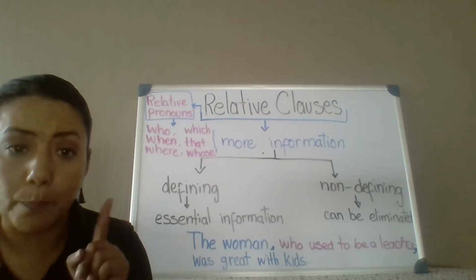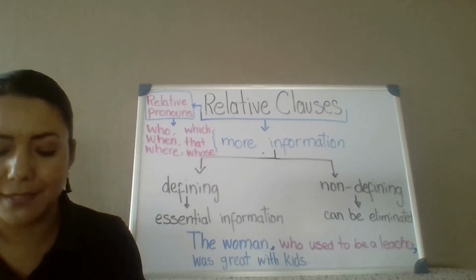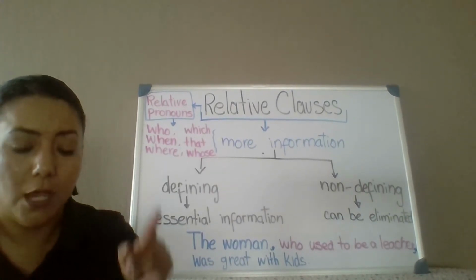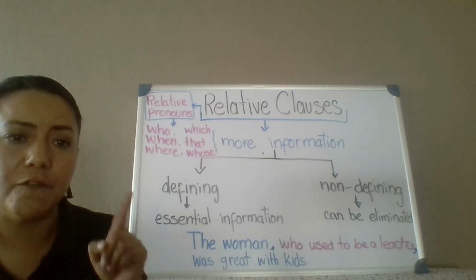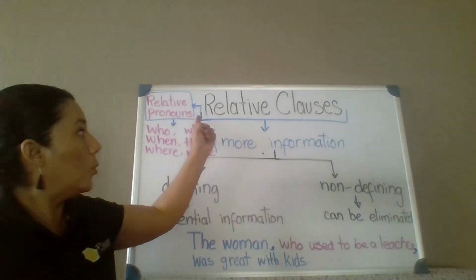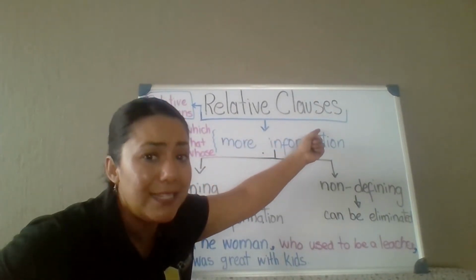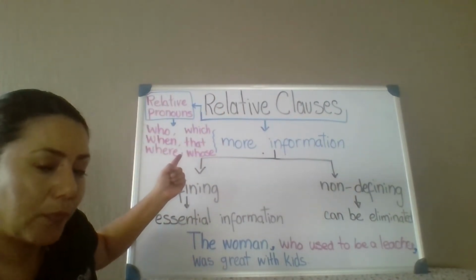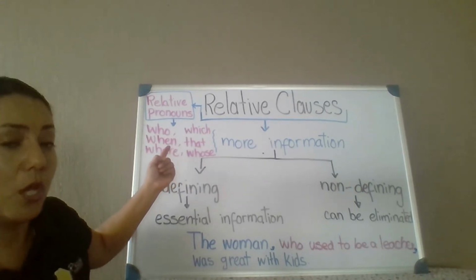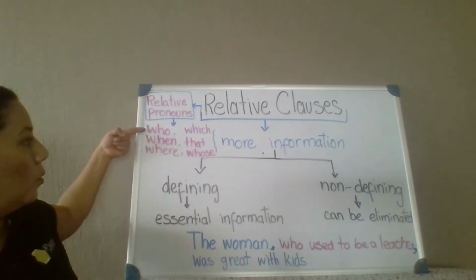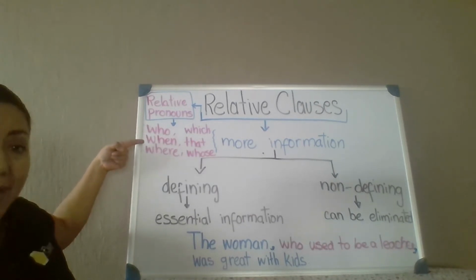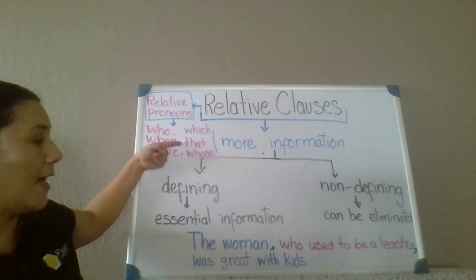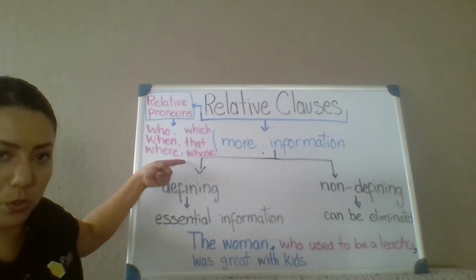Circle the relative pronoun that best completes each sentence. Oh, wait a minute. It says, circle the relative pronoun. Are we talking about relative clauses or relative pronouns? Relative pronouns. So you're going to circle who or when or where or which or that or whose.